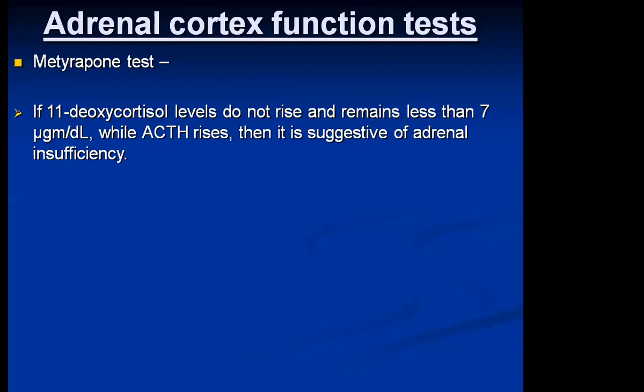The pituitary is not at fault. The organ at fault is the adrenal gland itself. CRH is increasing, ACTH is increasing, and in spite of that, 11-deoxycortisol levels are not increasing. That means your adrenal gland is at fault. It is incapable of producing cortisol.